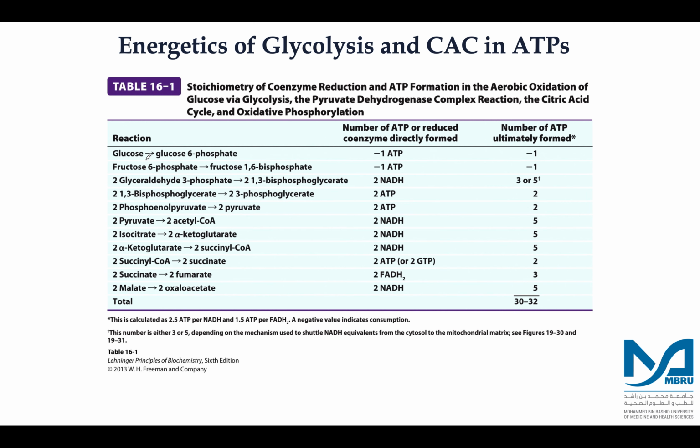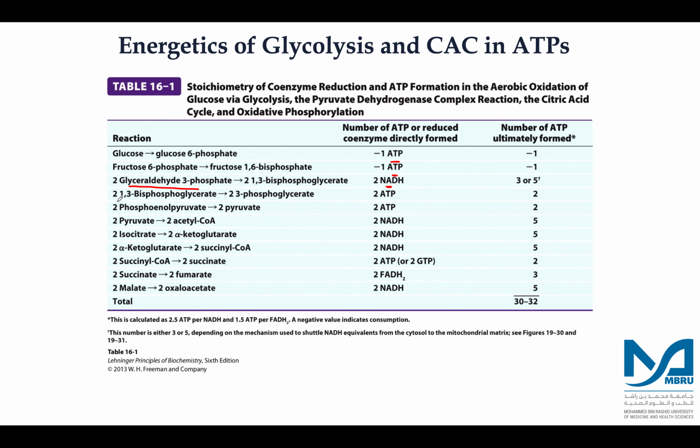We have glucose to glucose 6-phosphate, where we use 1 ATP, and fructose 6-phosphate to fructose 1,6-bisphosphate, where we use 1 ATP. Then in the glycolytic pathway, we produce 2 NADH molecules because I am producing 2 glyceraldehyde 3-phosphate from 1 glucose molecule.